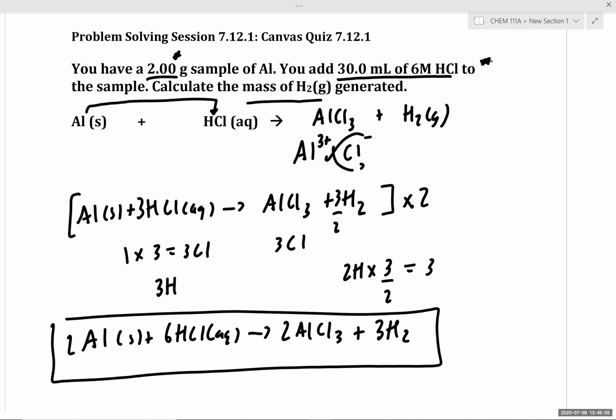And we'll discuss this example in another 3 to 4 minutes. Don't be shy to message me in the chat or via the annotate feature your proposed mass of hydrogen generated. And if you have any questions as you're working through the calculations on this problem, don't be shy to ask. And just as a reminder, make sure you convert your volume from milliliters to liters. Otherwise, you're going to get a very large number.